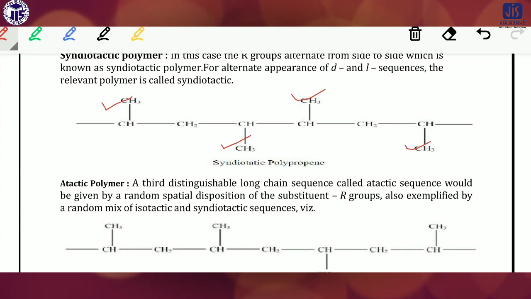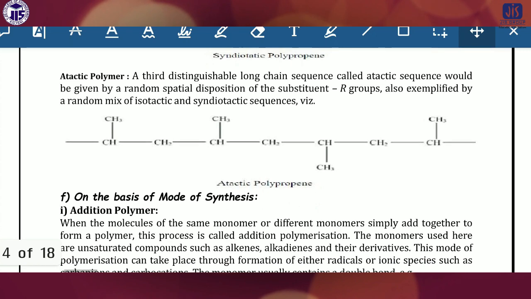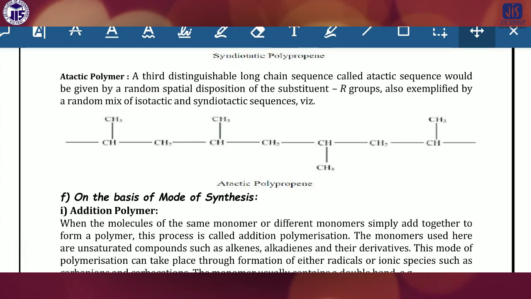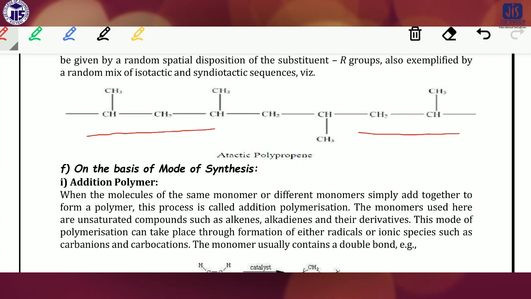And third is the atactic polymer. Atactic polymer means the direction of the methyl group is in a random manner. There is no particular sequence by which you can say on which side the methyl group is present with the chiral carbon.